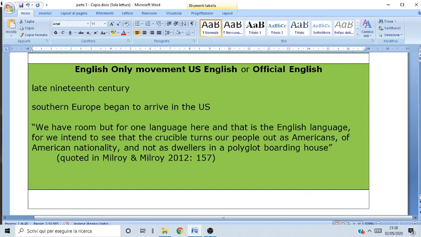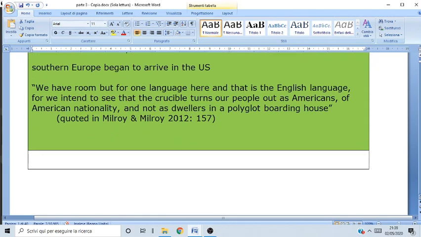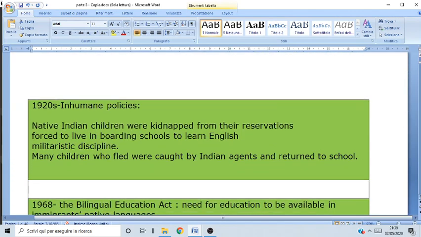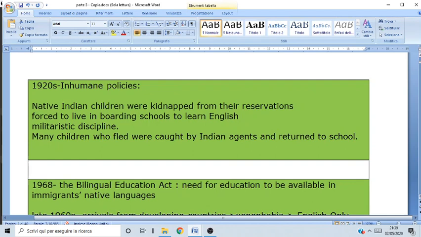Okay? So already then there was this birth of an English-only movement that was clearly against immigration. And so that was the first movement.